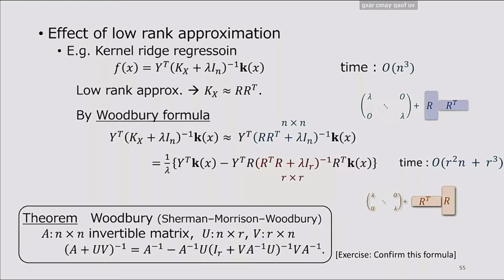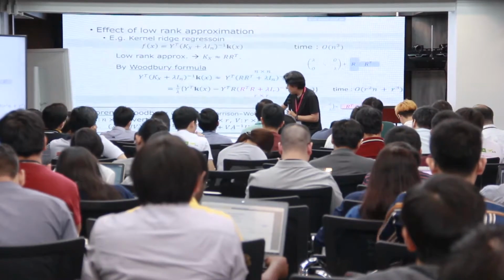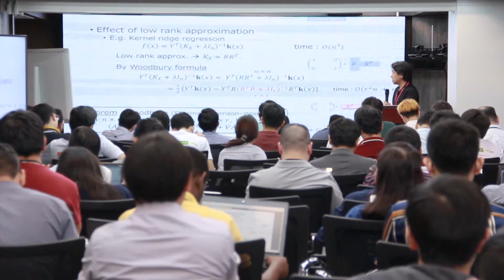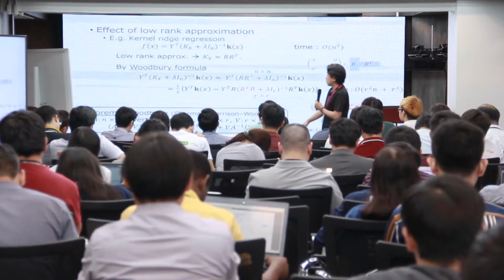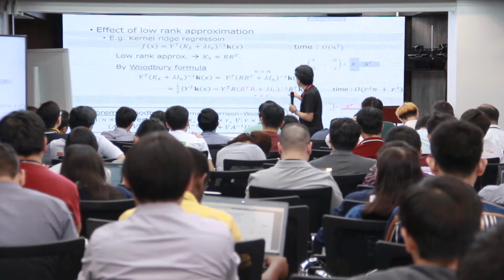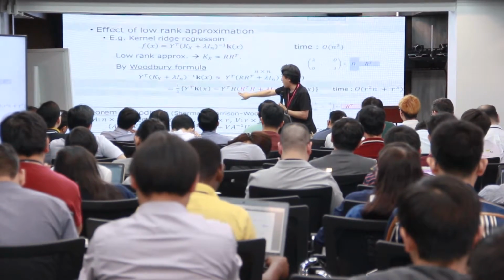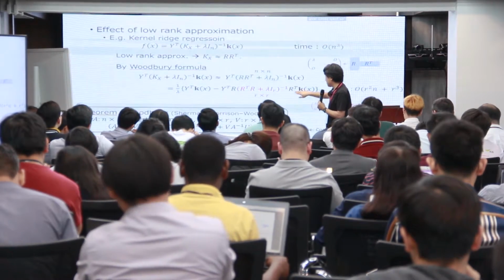The matrix inversion of this form, given that A is invertible, is equal to this. The crucial point is that this part is R times R, not n times n. But instead, we need to multiply this part, R and R transpose here. This is R times R, this is n times R, and this is R times n.